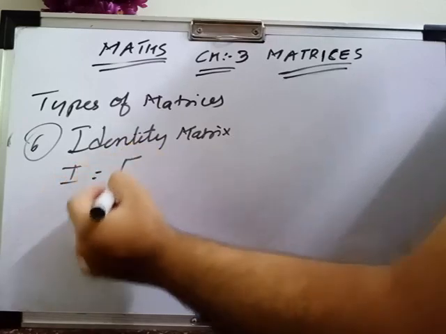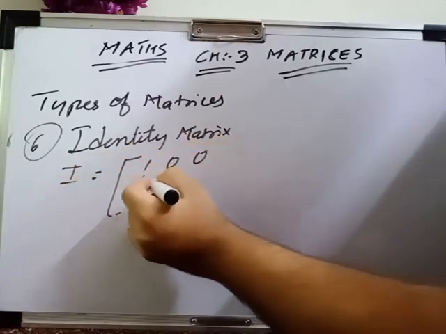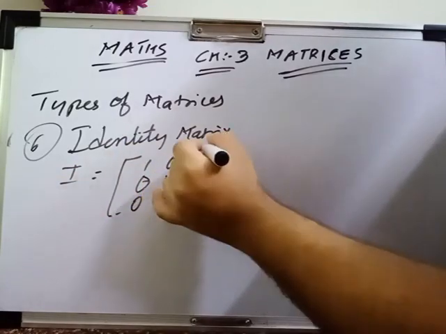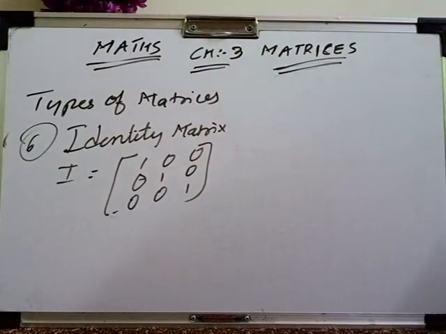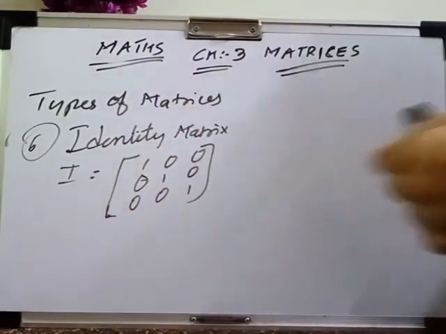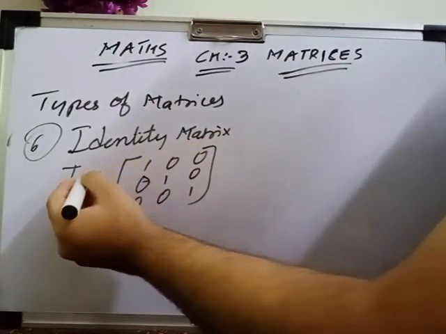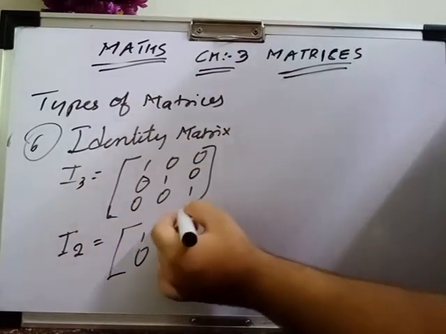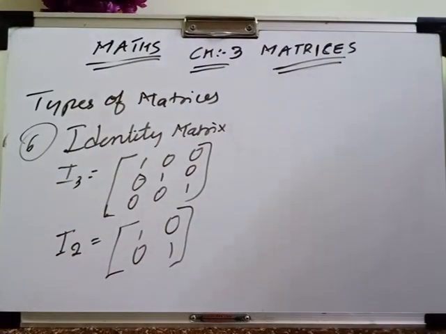That is denoted by I. And this is a special type of scalar matrix where the entries will be 1, right? This can be said as I3, and I2 can be written as 1 0 0 1, right? Identity matrix is also a square matrix, so you will have elements as 1 on the principal diagonal, right? And rest all will be 0.